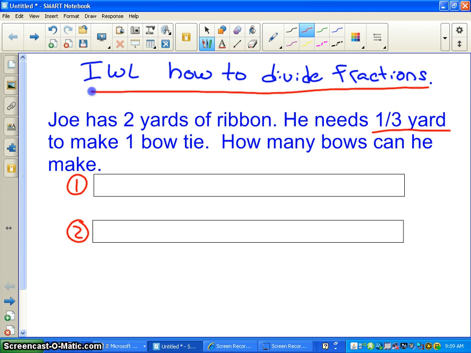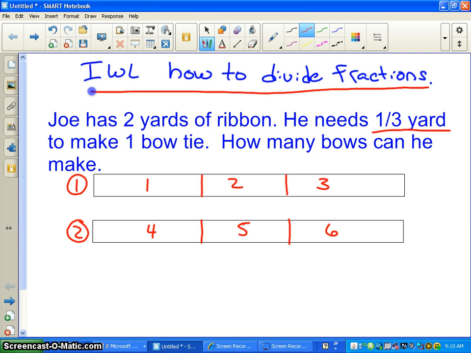So I'm going to divide it into thirds. I know that Joe from here can make 1, 2, 3, 4, 5, 6 bow ties from the 2 yards of ribbon that he has.